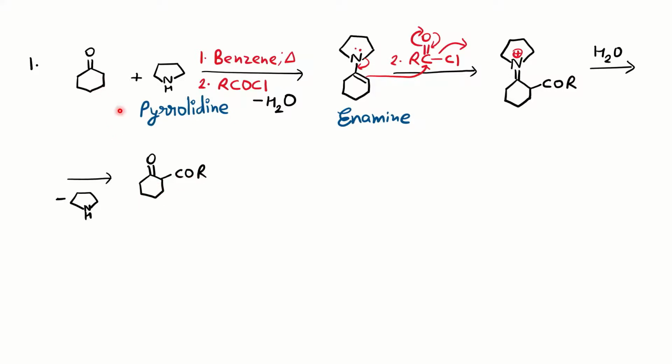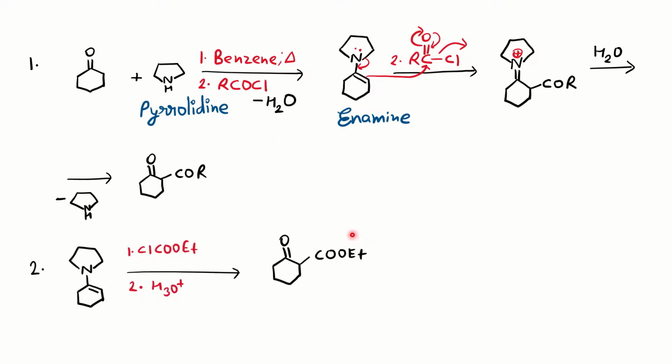So they may ask a conversion reaction also, like how to form this product from cyclohexanone. In that case you can take the reagents yourself. You need a secondary amine, you need an acylating agent in the presence of acidic condition, and you can design it. Similarly, they may give you the enamine directly, and the reagent is given to you here.